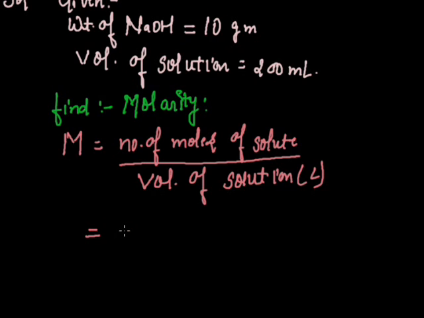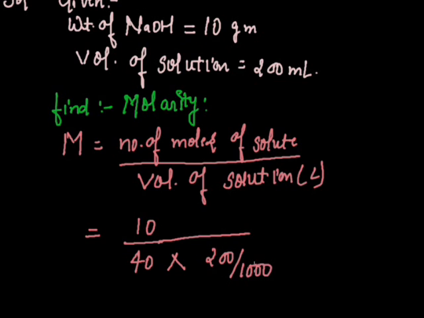So the number of moles of solute is equal to the weight of NaOH, 10 grams, divided by its molecular mass, which is 40 grams. This will be the number of moles of NaOH, divided by the volume of solution in liters. Now here the volume is given in ml. We'll convert it into liters by dividing by 1000.